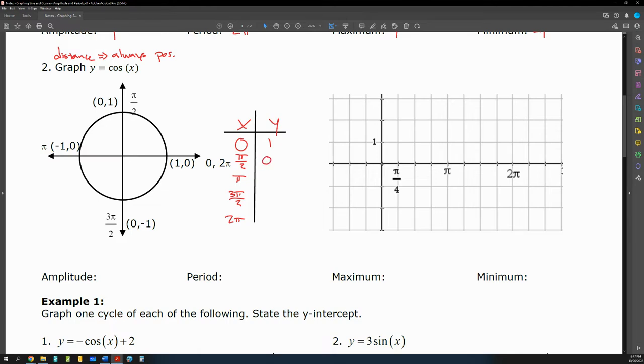Cosine of pi is -1, that's the x value at pi radians. Cosine of 3 pi halves is the x value at 3 pi halves, 0. And then finally, cosine of 2 pi is 1. So I'm going to go ahead and sketch this behavior, 0, 1, pi halves 0, pi -1, 3 pi halves 0, and 2 pi 1.